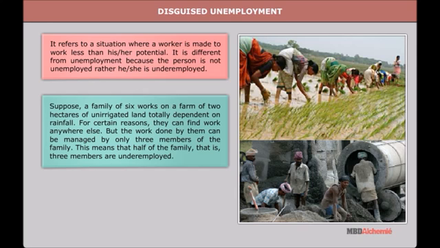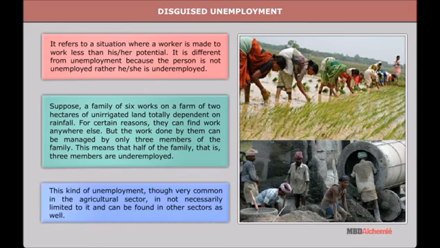For certain reasons, they can't find work anywhere else, but the work done by them can be managed by only 3 members of the family. This means that half of the family, that is 3 members, are underemployed. This kind of unemployment, though very common in the agricultural sector, is not necessarily limited to it and can be found in other sectors as well.